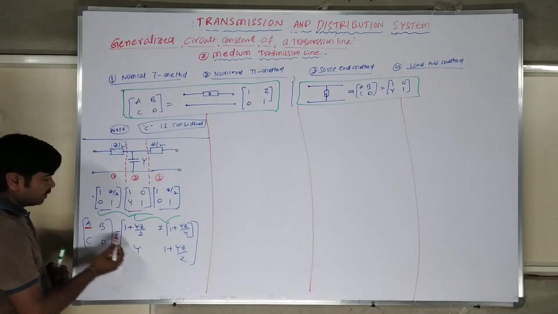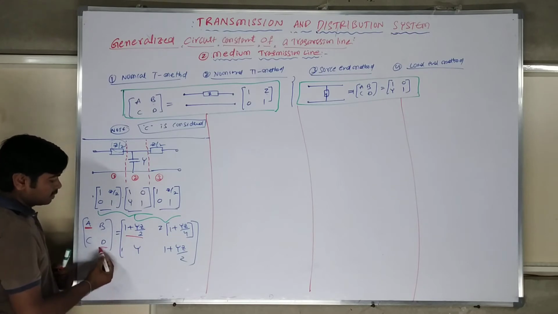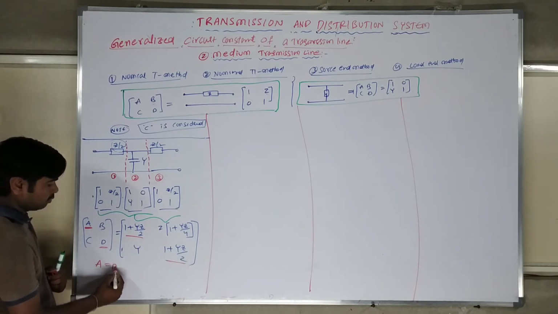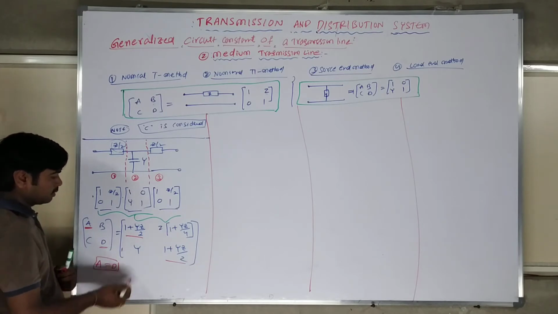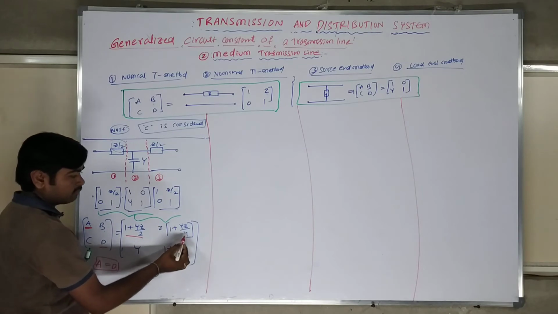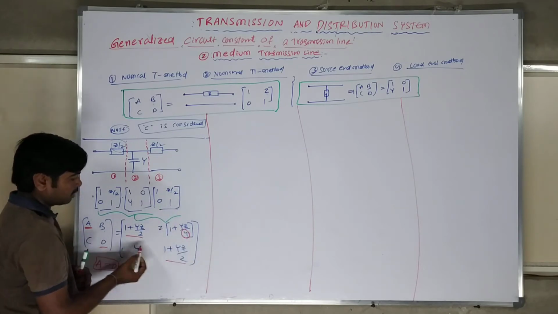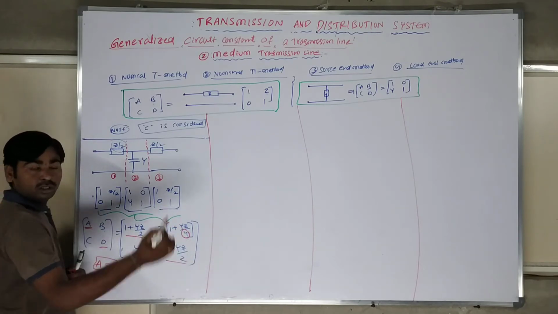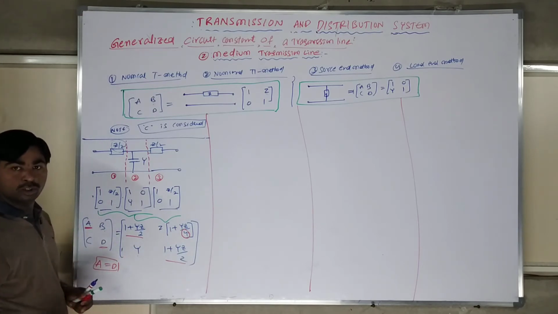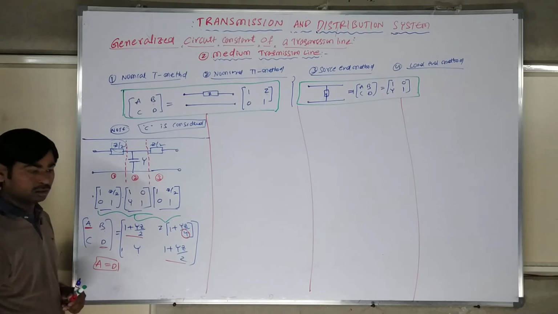So what is the value of A? 1 plus YZ by 2. What is the value of D? 1 plus YZ by 2. It means A is equal to D. What is the value of C? Y. What is the value of B? Z times 1 plus YZ by 4. Please remember that 1 plus YZ by 2 and 1 plus YZ by 4 are different; we tend to make a mistake here, so please do not.